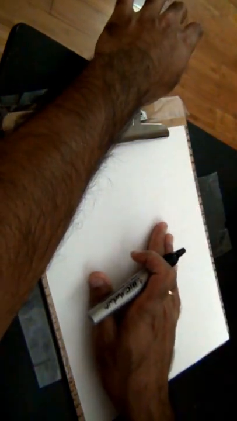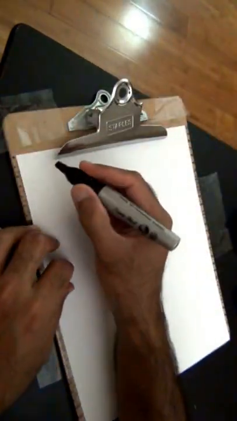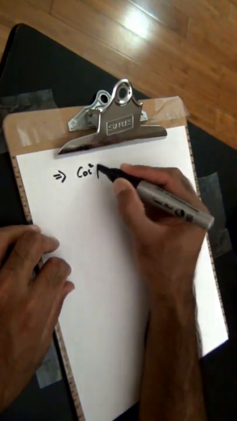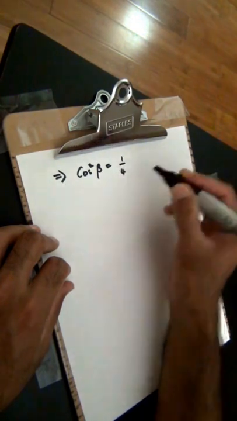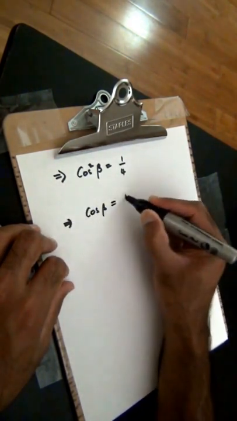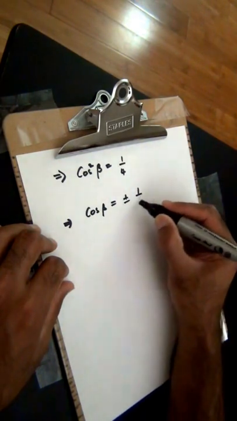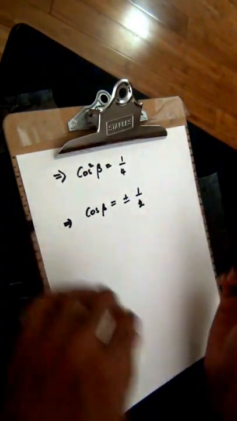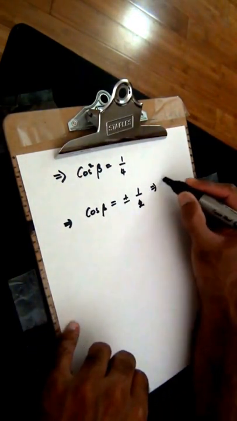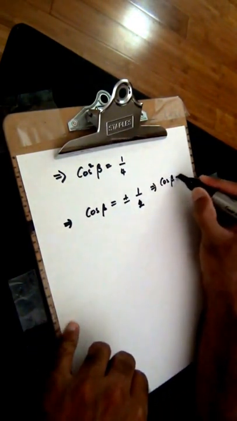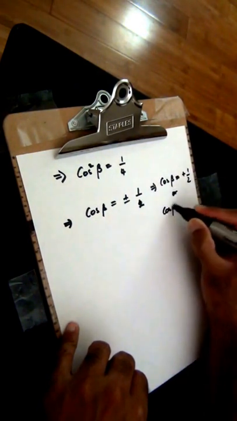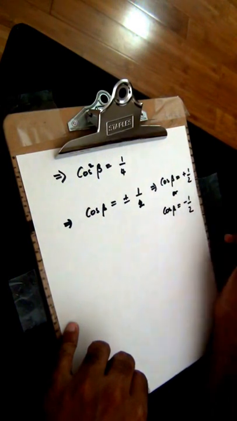So cos square beta is 1/4, and so cos beta is going to be plus or minus square root of 1/4, which is a half. So the idea is cos beta is either plus half or cos beta is minus half.